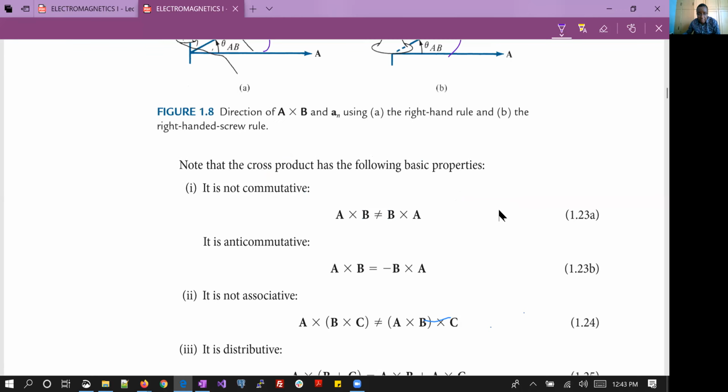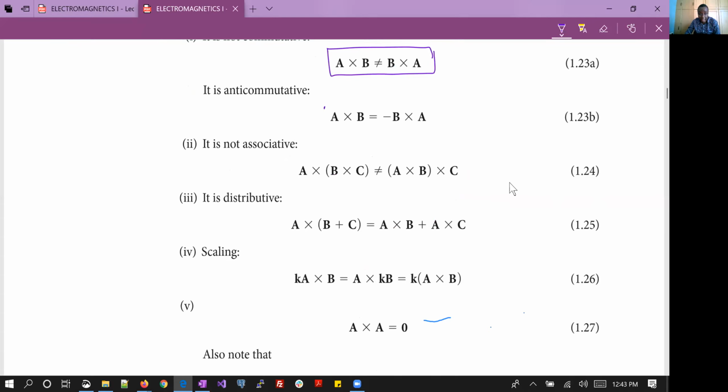So what I have also said about finding out the basic properties, we have seen that the cross product does not follow the commutative law. In fact, it is anti-commutative. Number two is that it is not associative either.